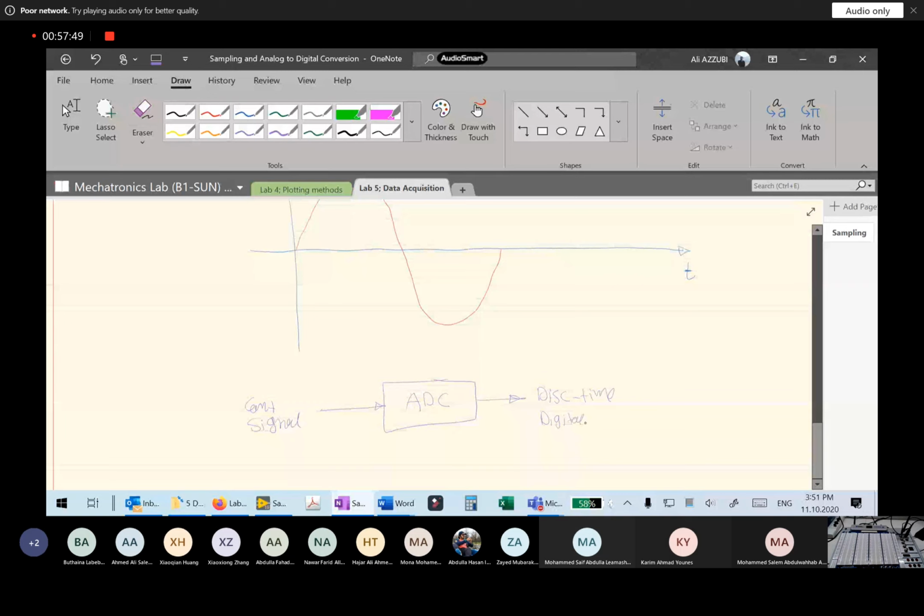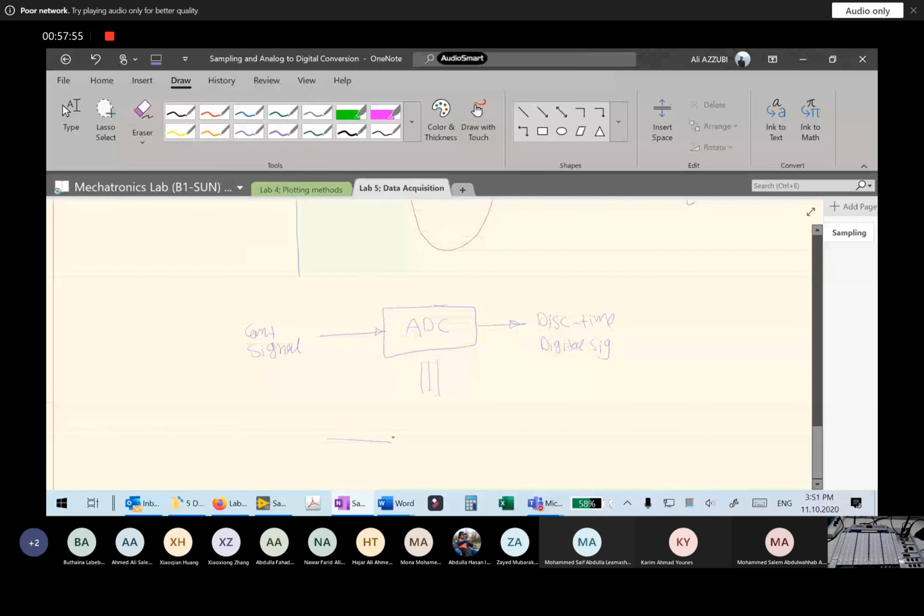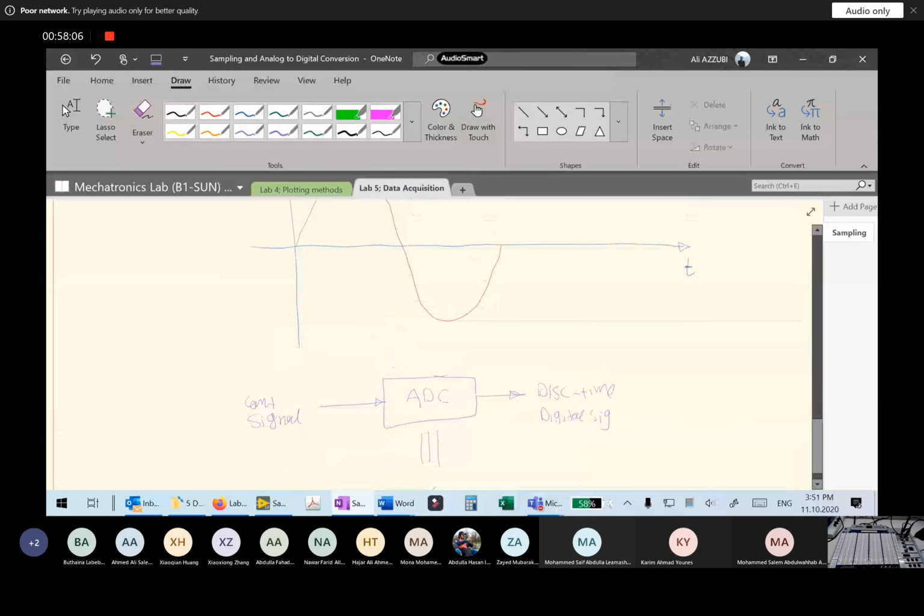Why discrete time? Because this can be approximated as the following. Imagine that you have a switch like this and you have the other side. I'm giving this signal here, the sine wave I have.